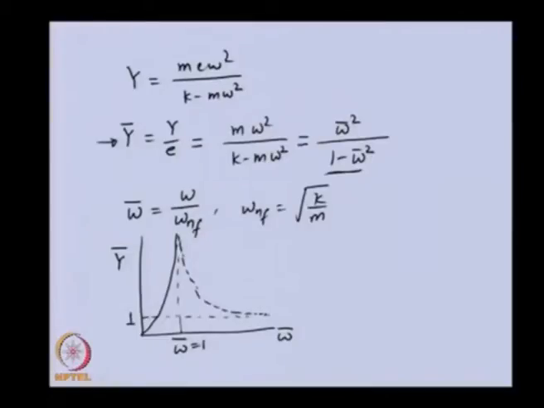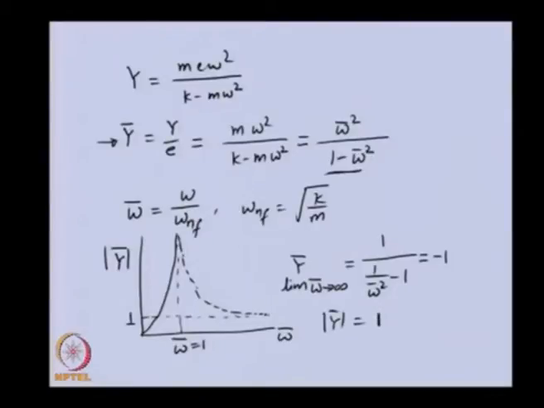Why is it 1? Because when we put the limit omega bar equal to infinity in the above expression, it can be written as 1 by omega bar square minus 1, that is equal to minus 1. So, basically I have drawn the mod of that, so the value is positive 1.